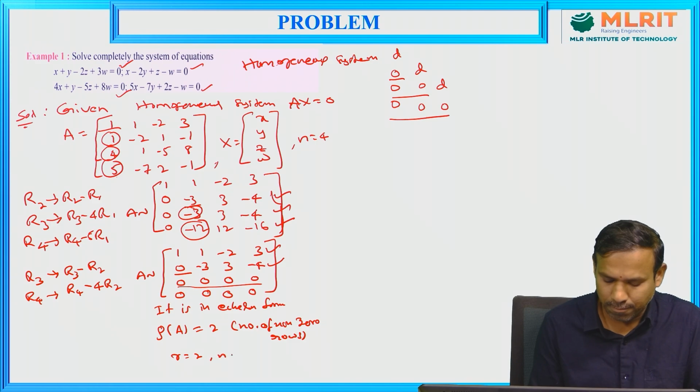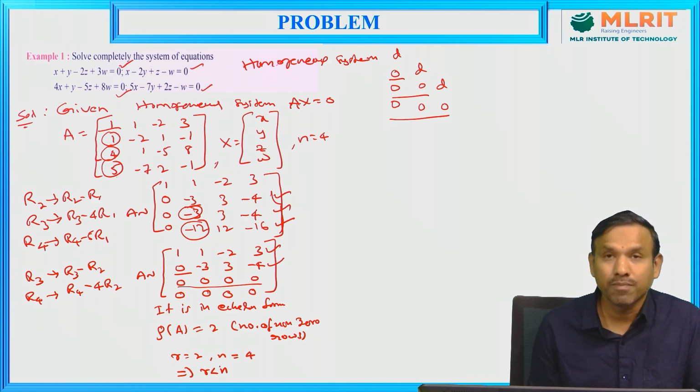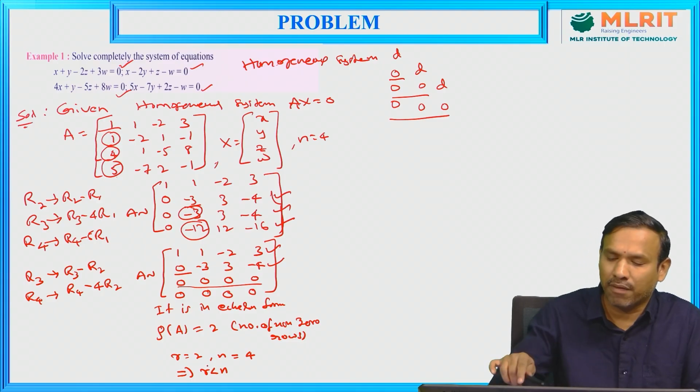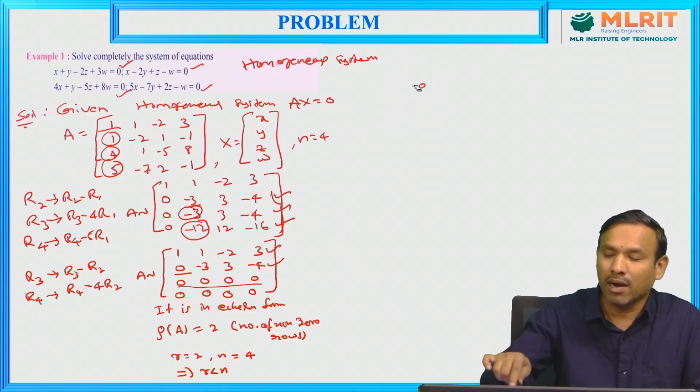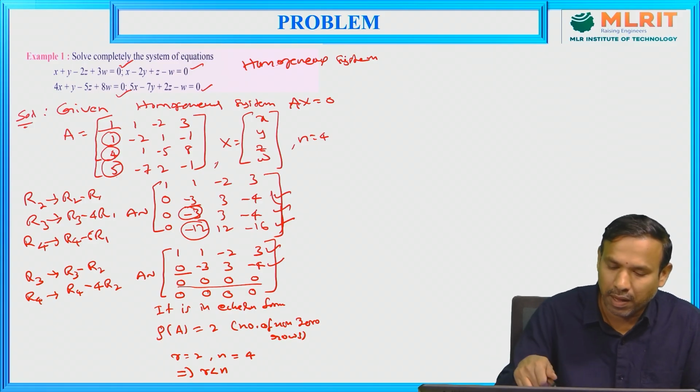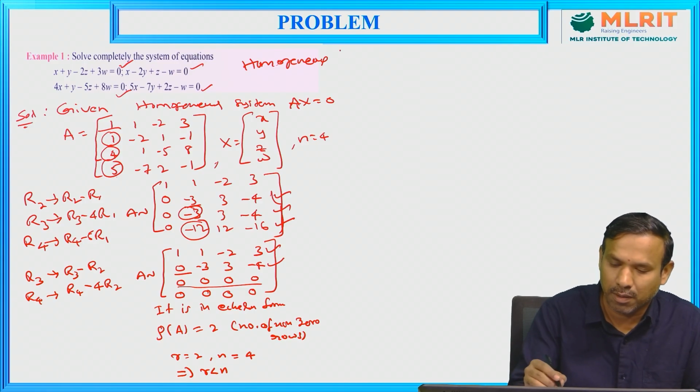R is equal to 2. Unknowns are 4. And R is less than N. So as per our discussion, rank is less than N. Then what type of system will it be? The system will have a non-trivial solution.